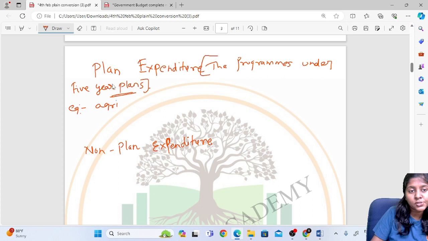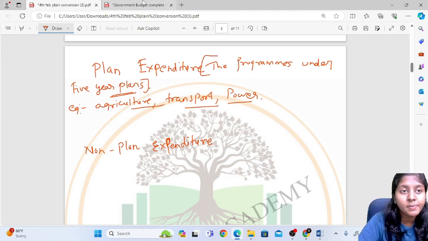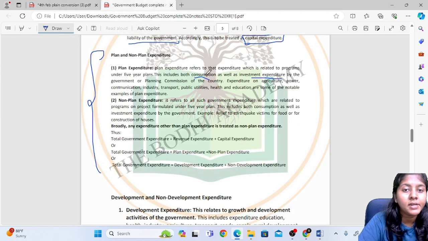Agriculture, transport, power, then again health and education. So these are plan expenditure.